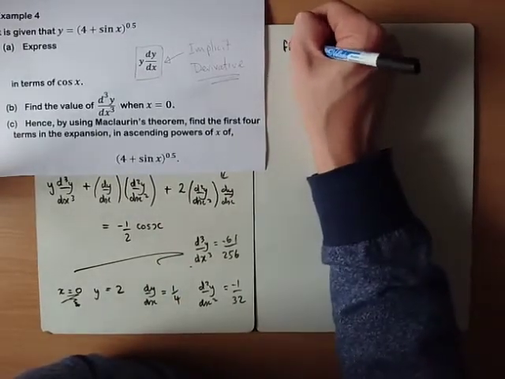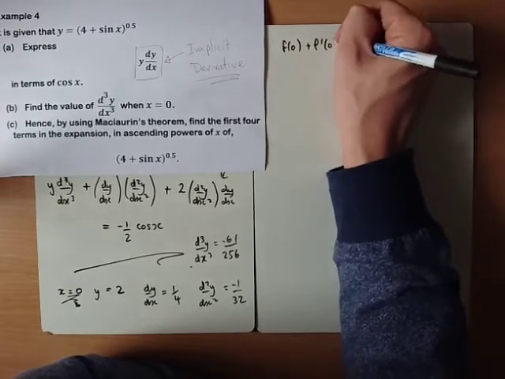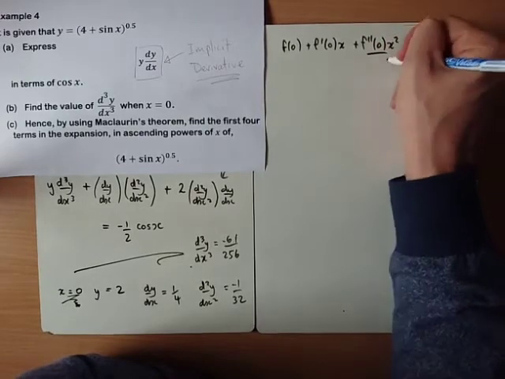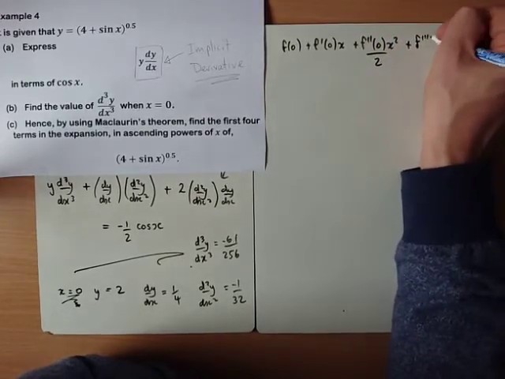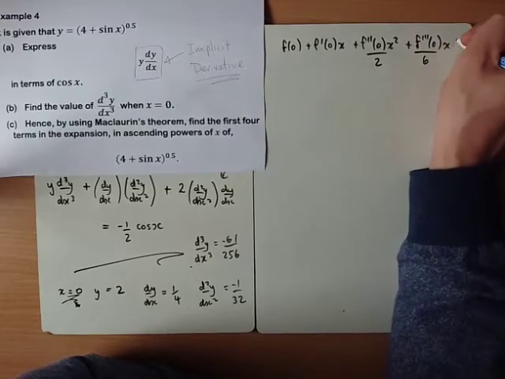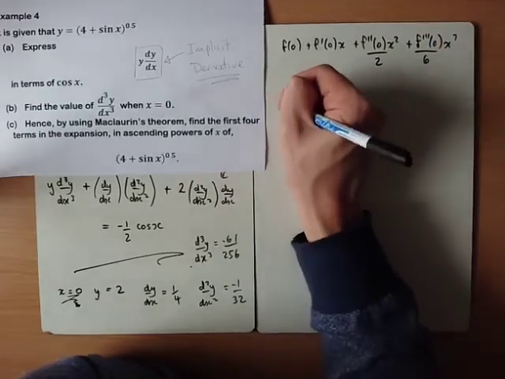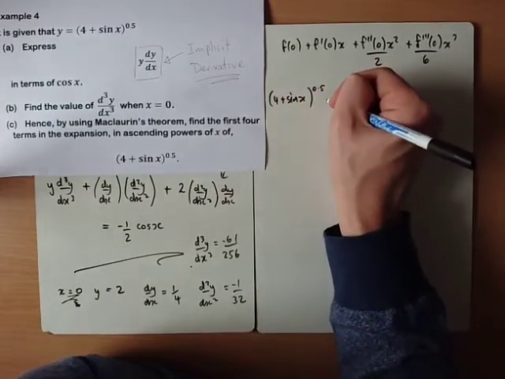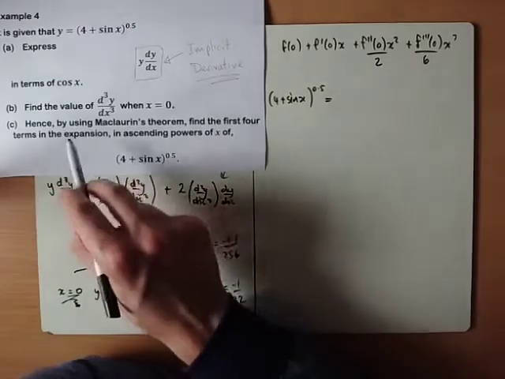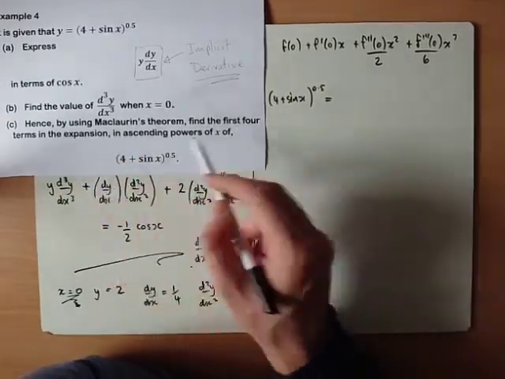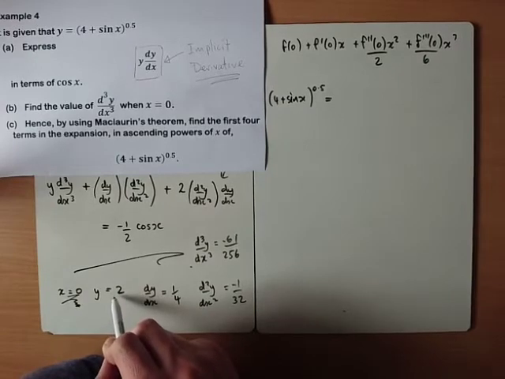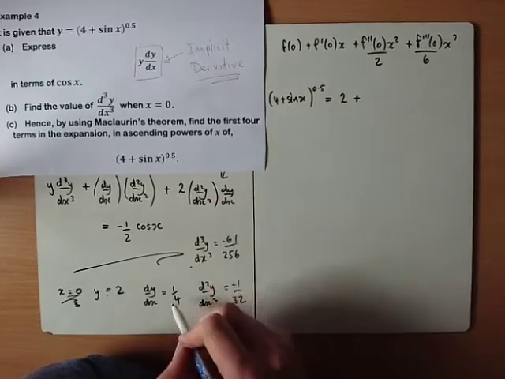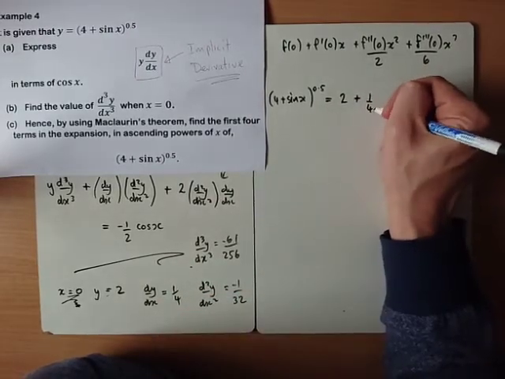So we've got f of 0 plus f dash 0 x plus f double dash 0 x squared over 2 plus f triple dash 0 x cubed over 6. So we can say that 4 plus sine x to the 0.5 would be equal to the first 4 terms. The first term would be f of 0, which is our y value, which is 2. F dash, which is our first derivative, would be a quarter x.